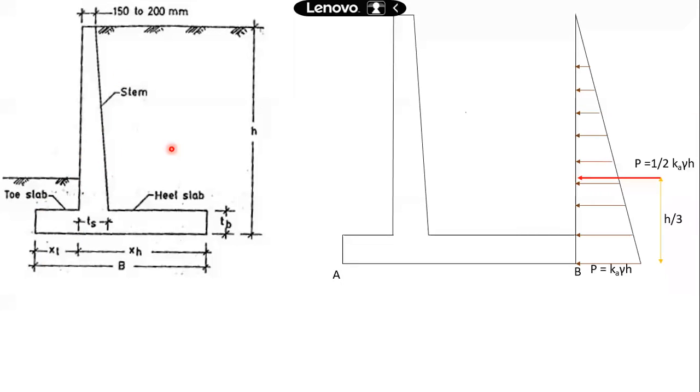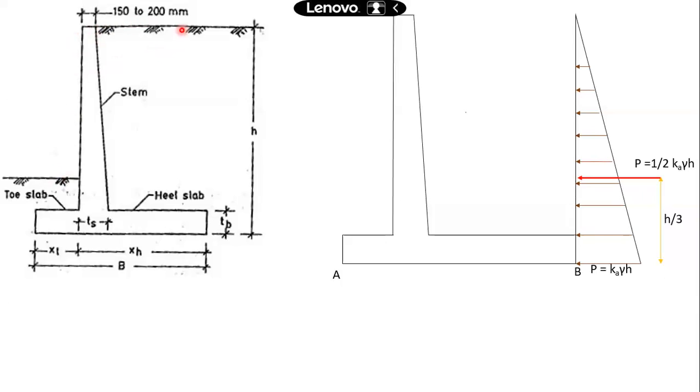So this is about the different components of the retaining wall. Now the lengths I mentioned, the length of the toe slab and the length of the heel slab, we need to decide. We need to provide appropriate lengths of the toe and heel slab so that we avoid overturning of this retaining wall. Also, the height of the retaining wall will be decided based on what difference in elevation is required between the two ground surfaces.